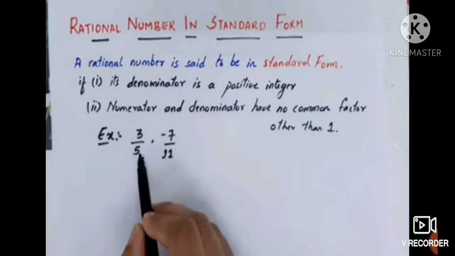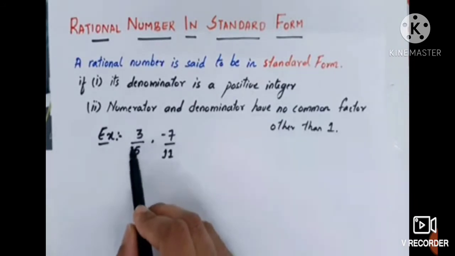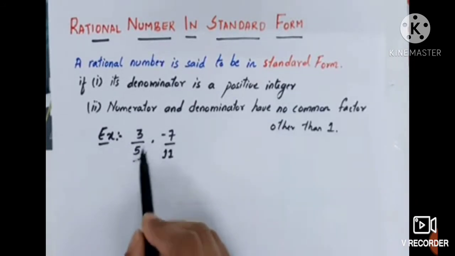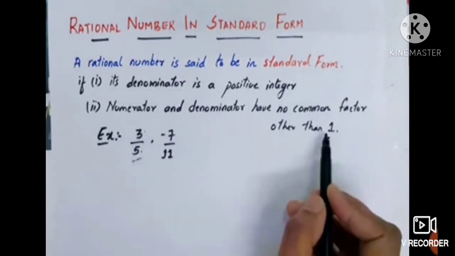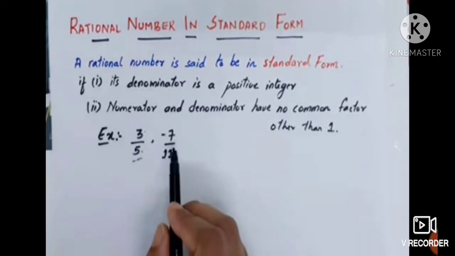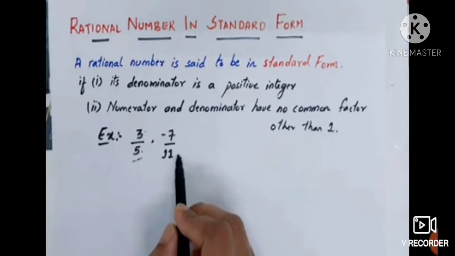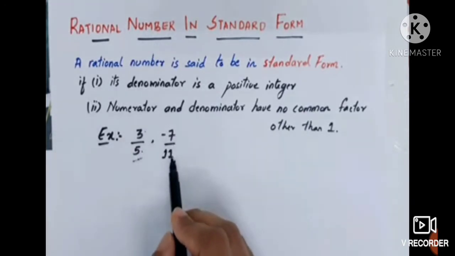Let's check some examples using those two rules. Yes, 3 by 5 is in a standard form because 5 is a positive integer and the only common factor is 1. Other than 1, there is no common factor.